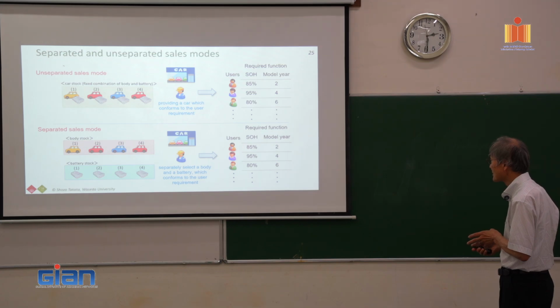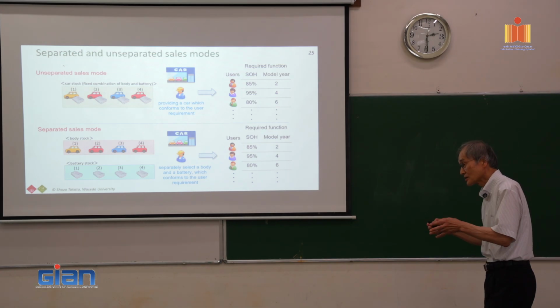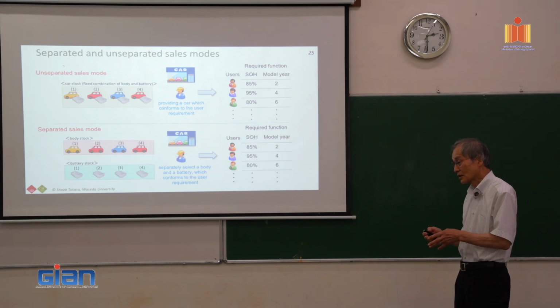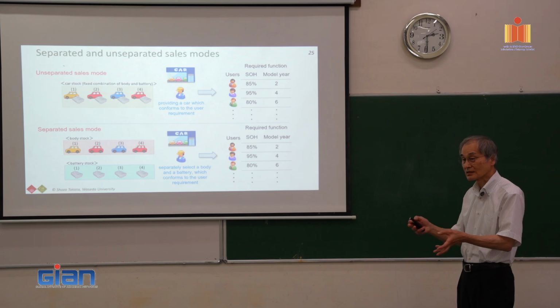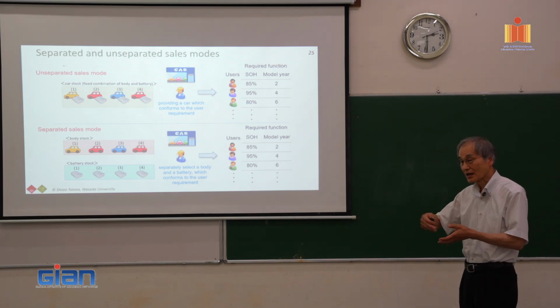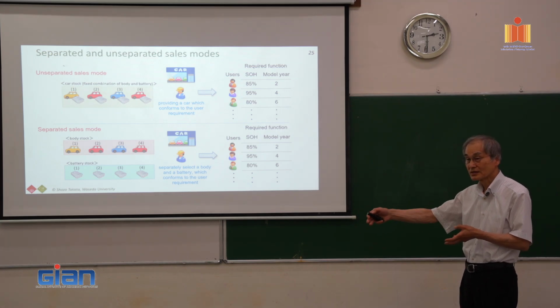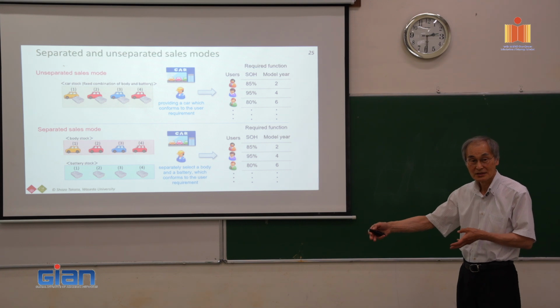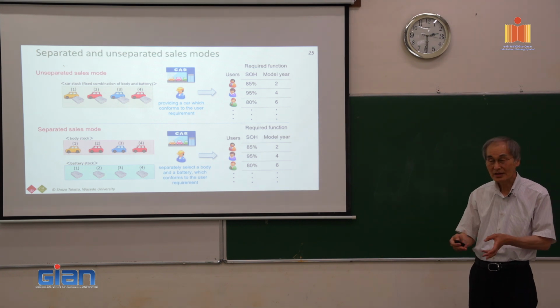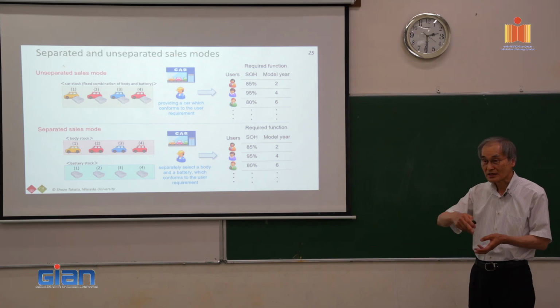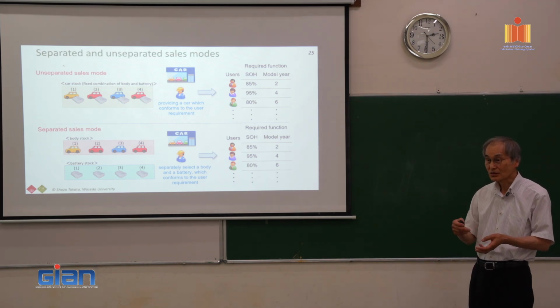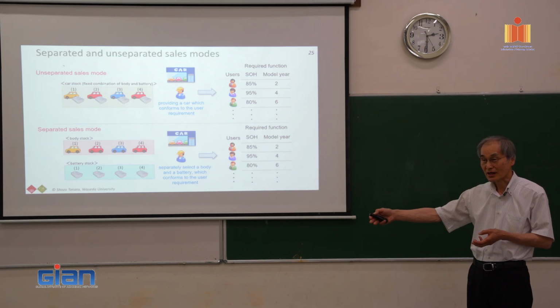Users have different kinds of requirements. One user may want to have a new body, but doesn't care how long the driving distance is. So they may use the car to drive inside the town, not long distance drive.